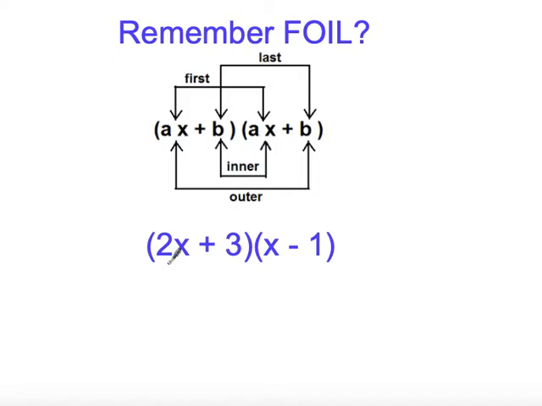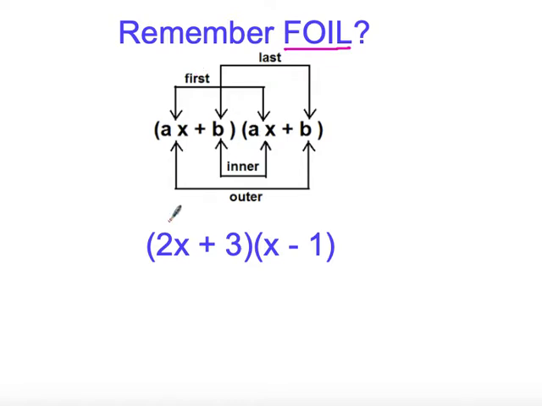So when we had to multiply two binomials together, for an example, 2x plus 3 and x minus 1, when you're multiplying two terms together that each have two terms, you have to distribute in some sort of system. So we came up with the word FOIL to represent which terms to do in which order so that we remember to multiply all of the terms together.